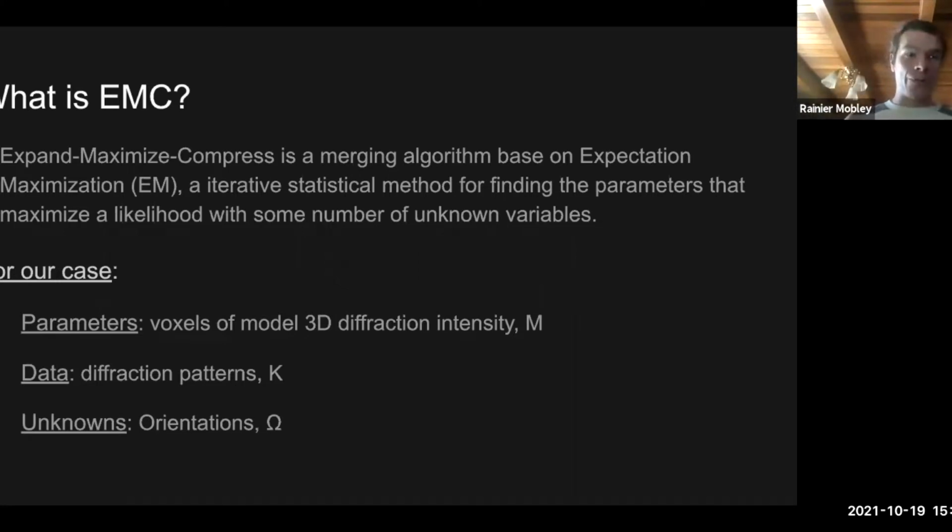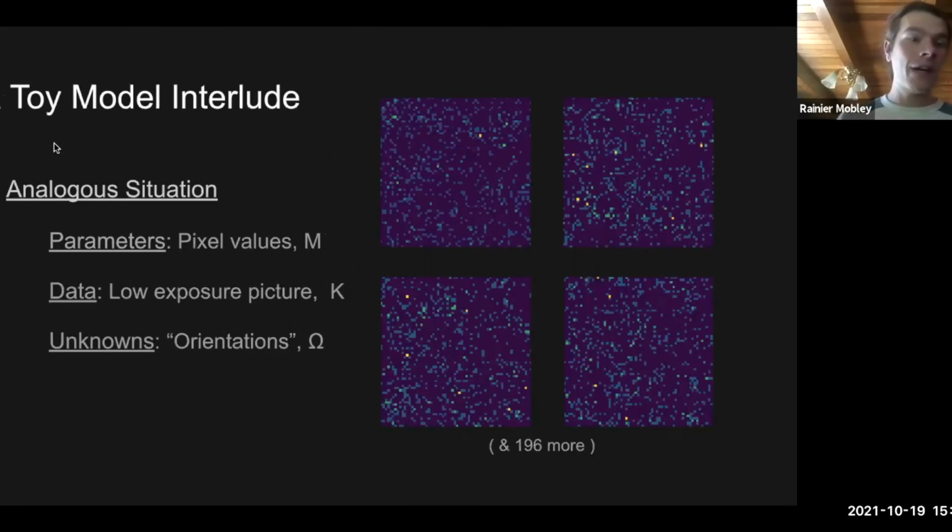But your unknowns are, of course, the orientations of your proteins as they're being struck by the X-ray beam. So this is pretty easily put into the expectation maximization framework, and you get an algorithm that can create a walk for this.